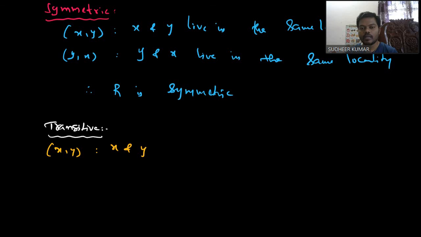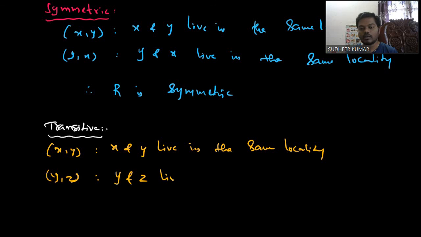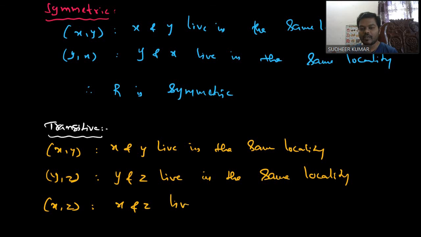X and y live in the same locality, and y and z live in the same locality. Therefore, x and z also live in the same locality. Therefore, R is transitive.